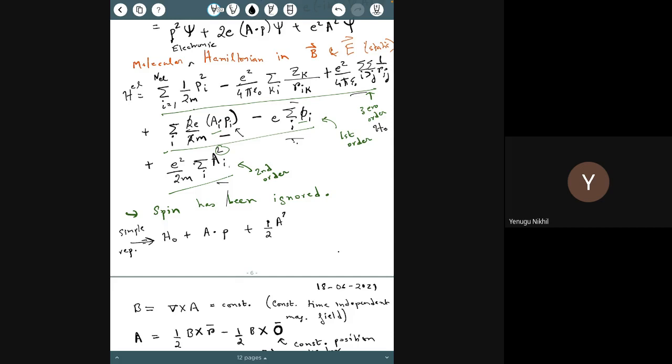This is what you would get if you went over to atomic units, where you say e equal to 1, m equal to 1, so you get rid of the e squared by m's and only have the numerical factors. So today I'll start from this form, H0 plus A dot P plus half A squared.